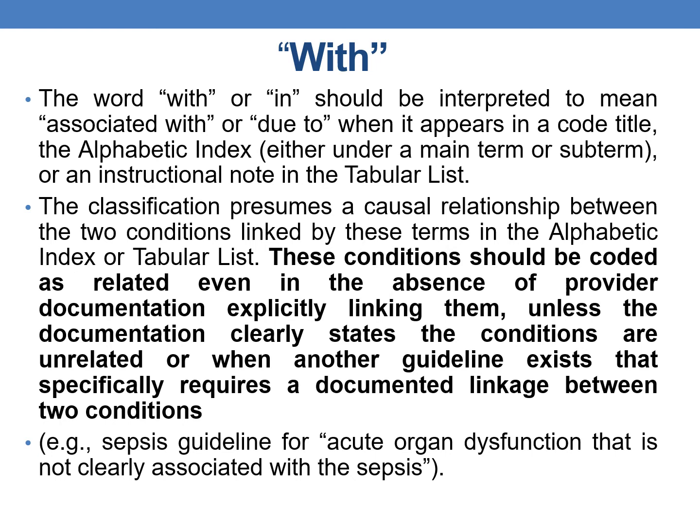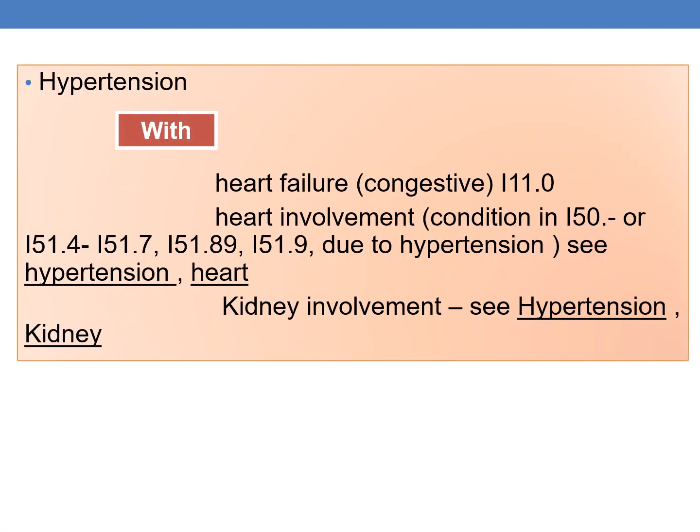In simple terms, unless the physician documents that both the conditions are unrelated, the two conditions which are linked with "with" should always be considered as related to each other. Now coming to the example, when you search in the alphabetical list for hypertension, under hypertension you can find the "with" convention. Under "with" you can find heart failure, heart involvement and kidney involvement.